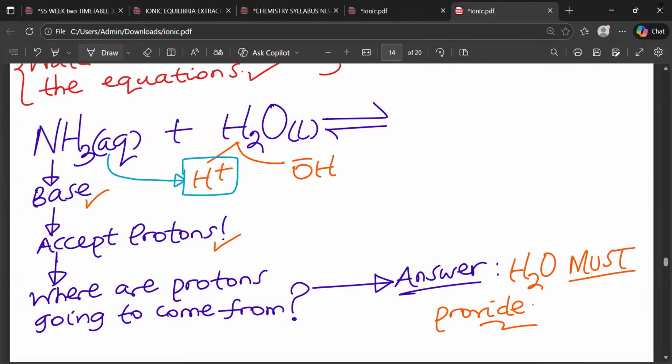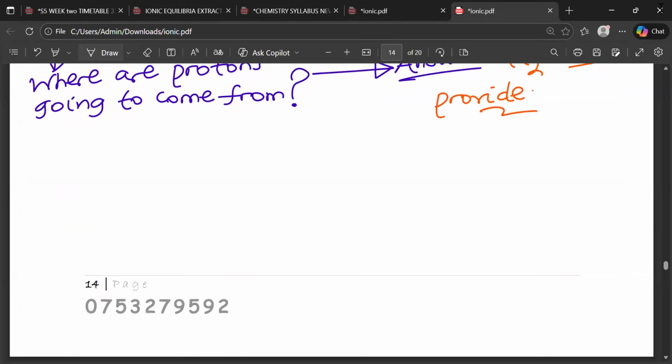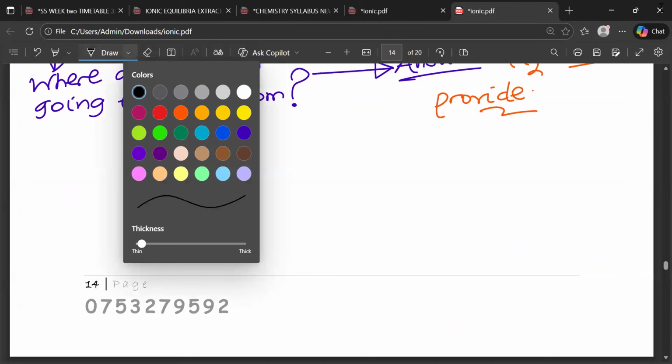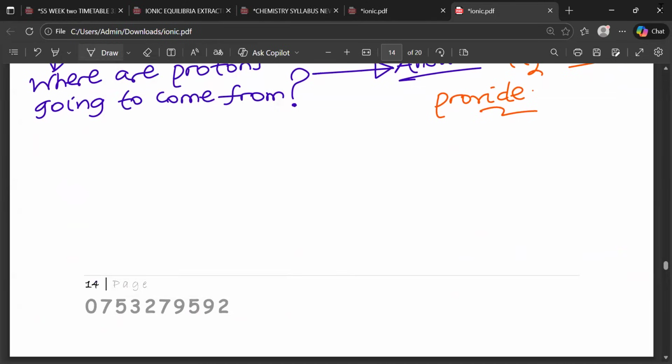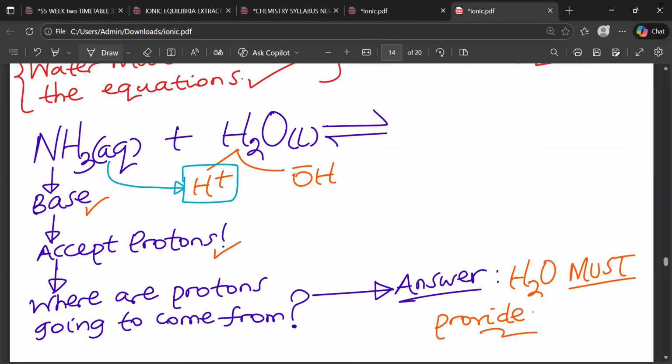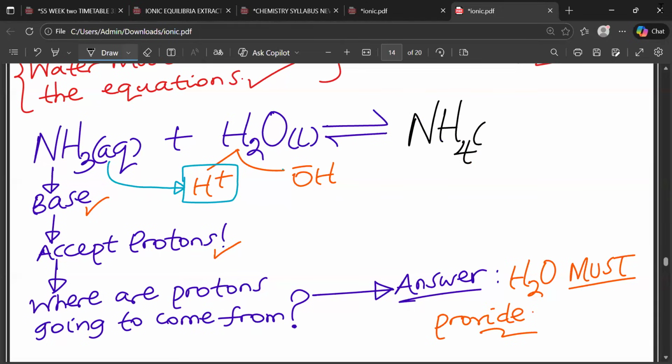So when ammonia accepts the H+, someone may be like, what are we really going to form? Let me educate you a bit. You may be this kind of student who says, when ammonia accepts the H+, it becomes NH4, not forgetting aqueous, isn't it?